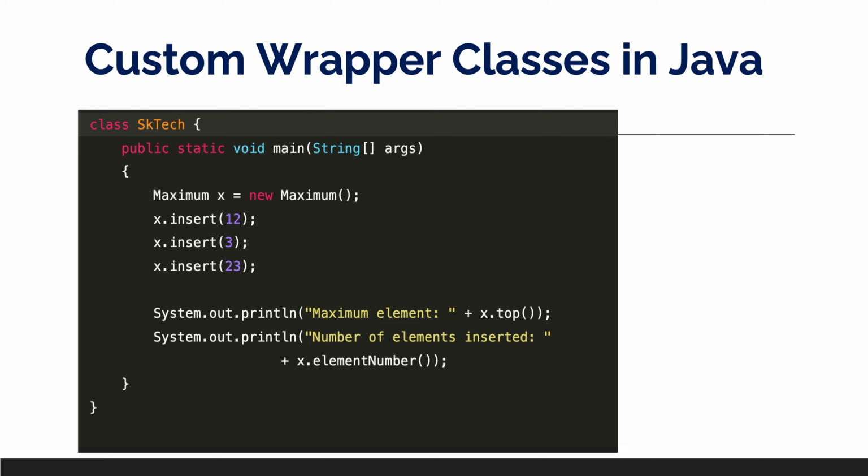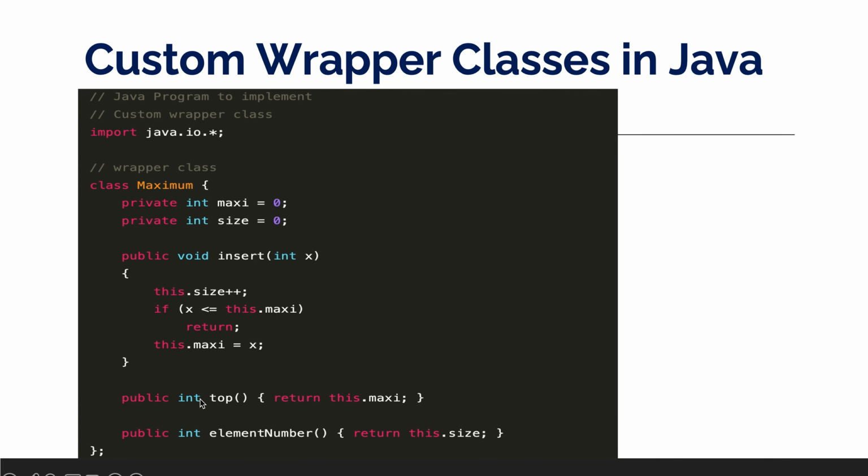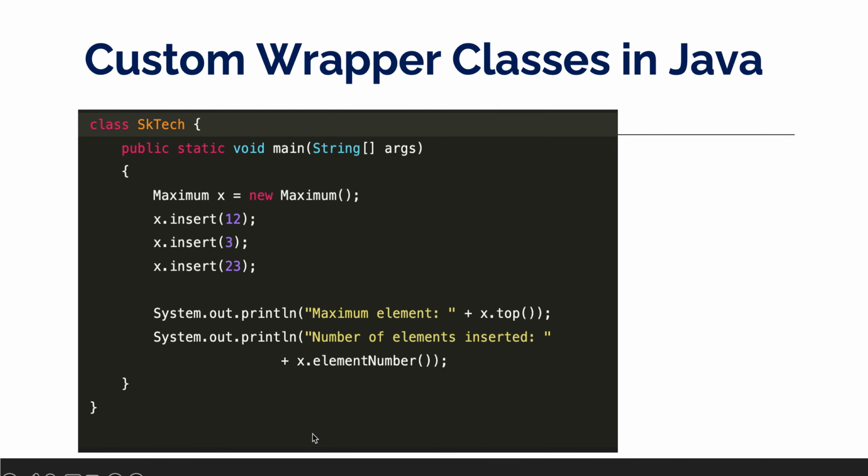One is insert, where we can insert a number of values. Second, if we want to get the max element that we have inserted, that is what we have implemented using the top method. And also the element number, like how many elements we have inserted.